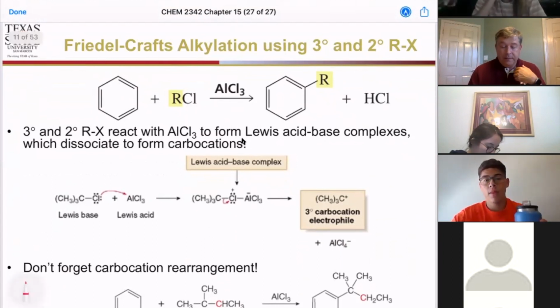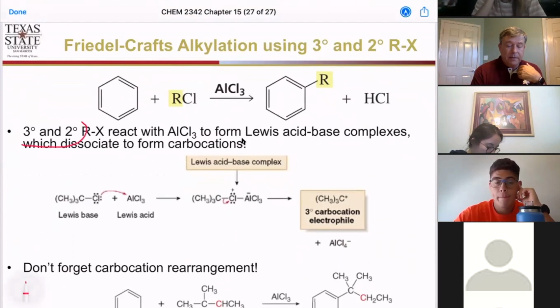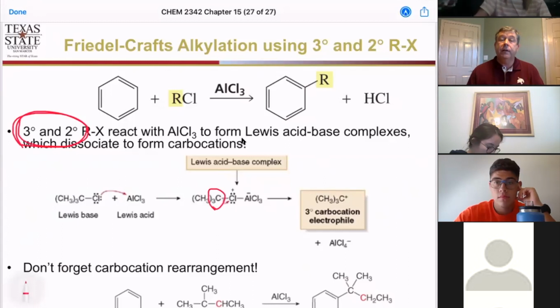So if we see this in primary and secondaries particularly, I'm sorry, tertiaries and secondaries in particular, they form very quickly and form this carbocation. Secondary carbocations and tertiary carbocations are more stable. In this case, we form that tertiary carbocation, which is then the reactive species.